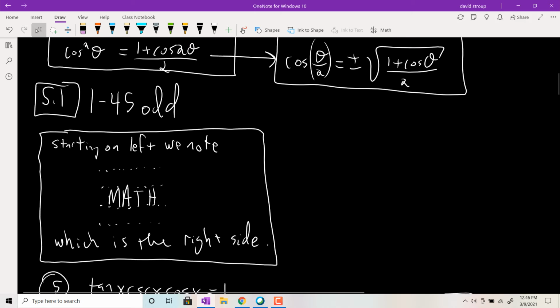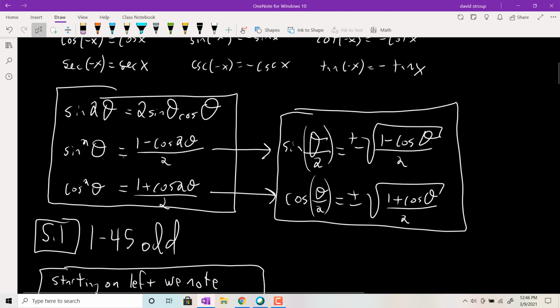Okay, and same for cosine. Oh, well, wait. If theta over 2 is in either the first or second quadrant, it's automatically positive for sine. If it's in the third or fourth quadrant, you have to use the negative. Okay. For cosine, if it's in the first or fourth quadrant, it's positive, but if it's in the second or third quadrant, it'll go negative.